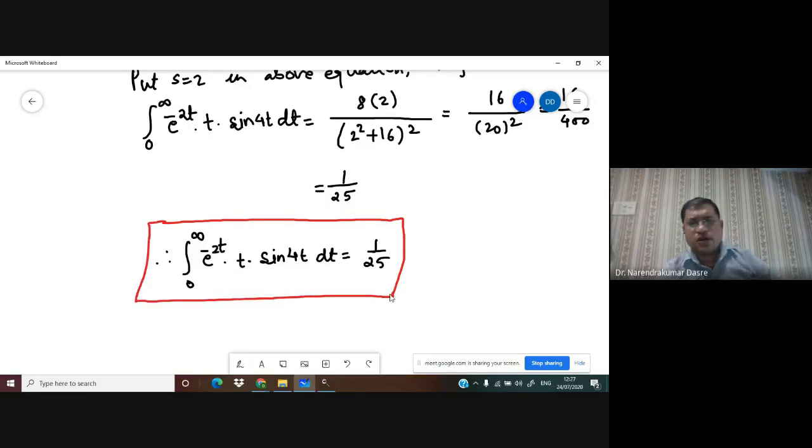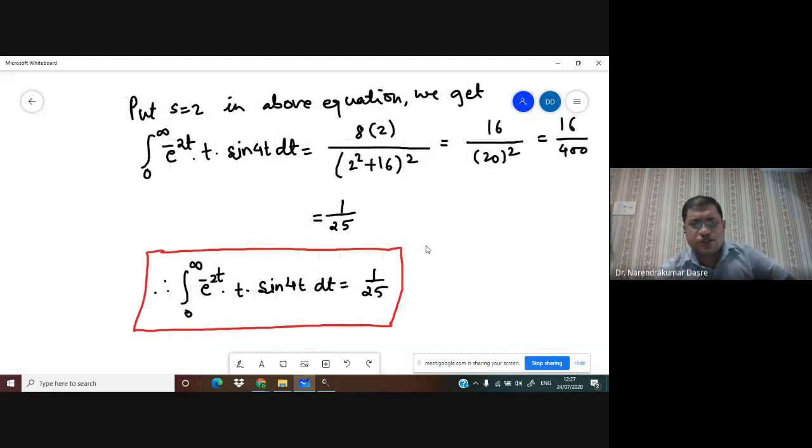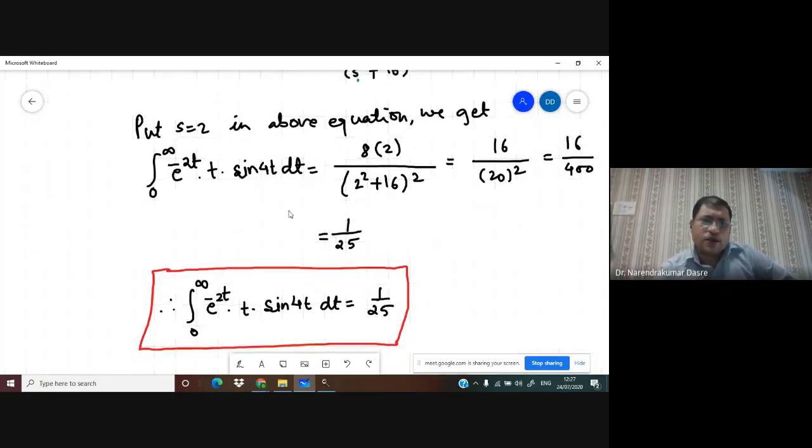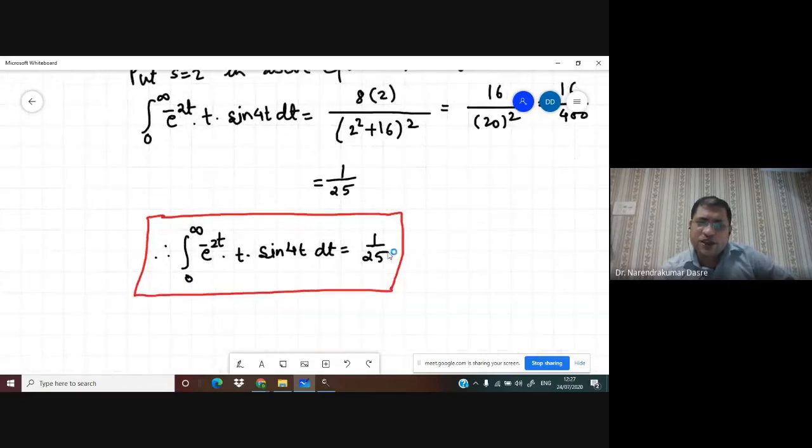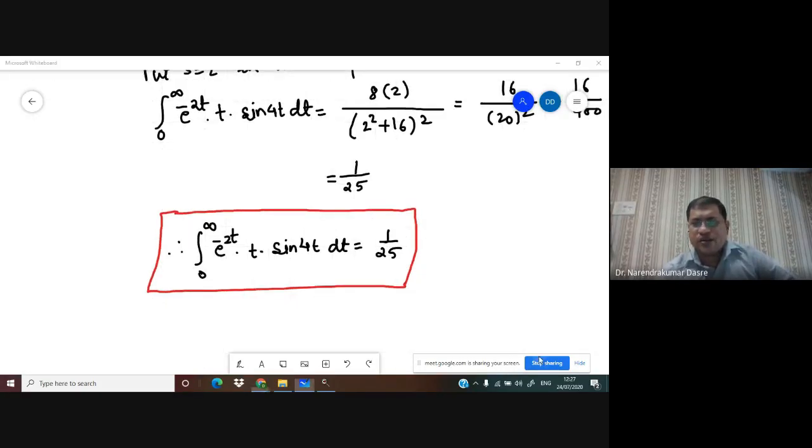That's why this Laplace transform is very useful. Imagine if you didn't have Laplace transform and had to evaluate this integral, it would be nearly impossible, or very complicated. Using Laplace transform, it is easy to evaluate this.